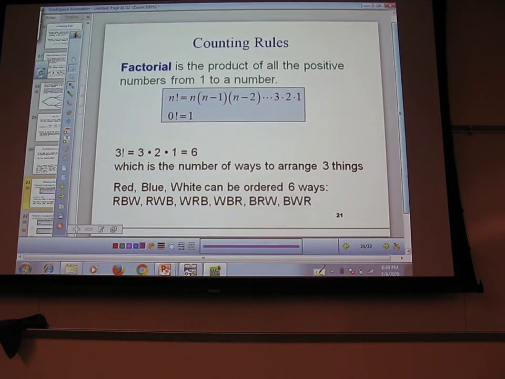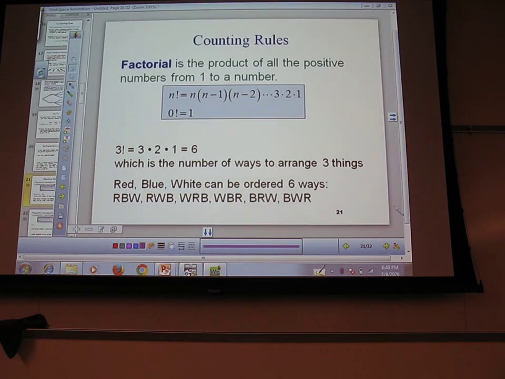Okay, on to counting rules. Michael, go ahead and read. Factorial is the product of all positive numbers from 1 to a number. Go ahead.